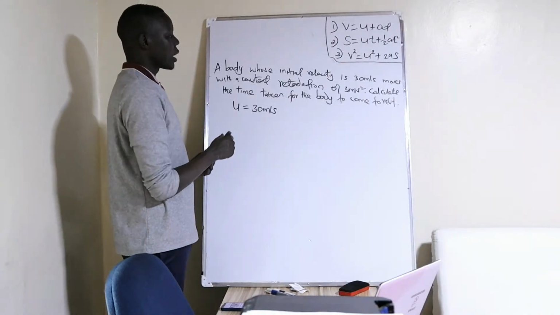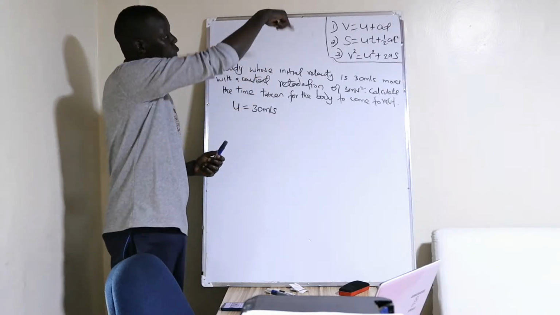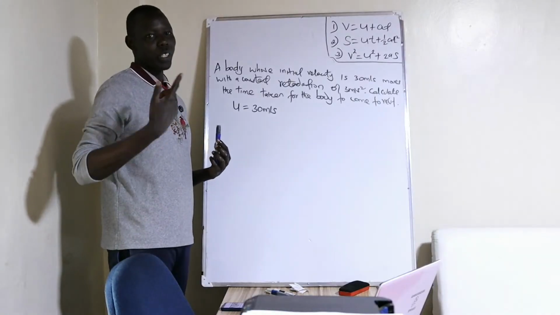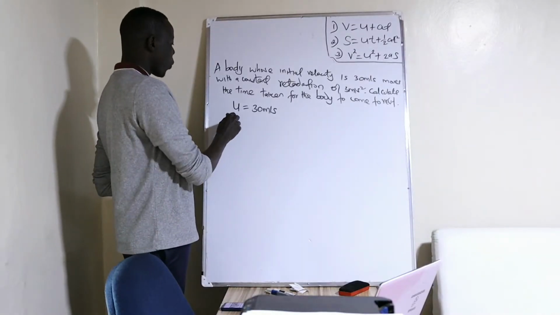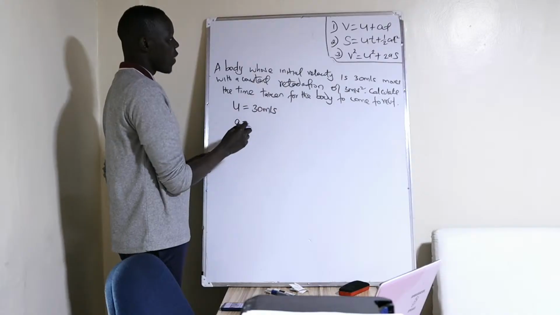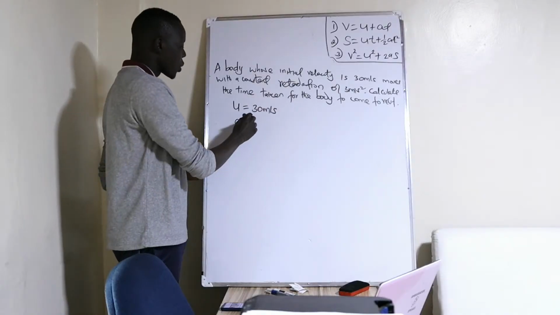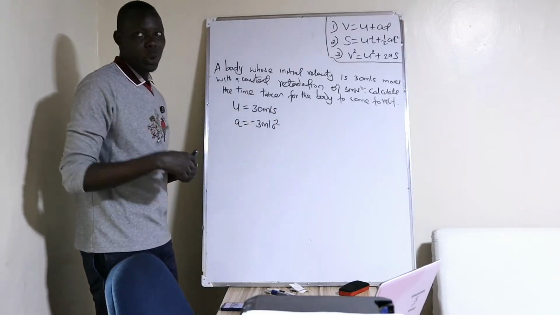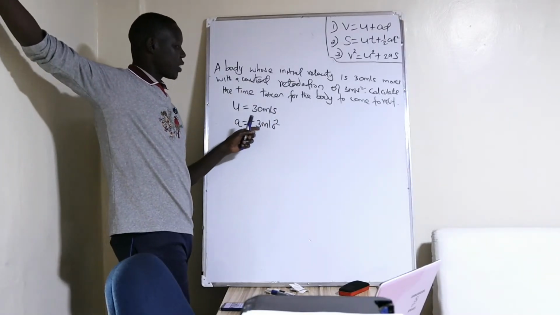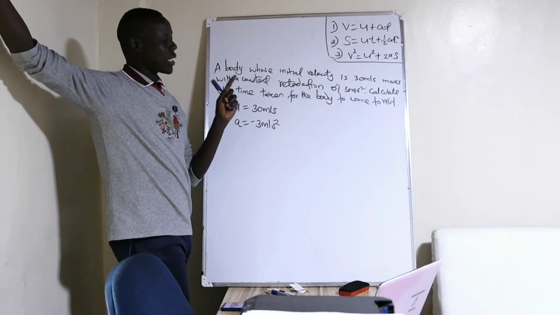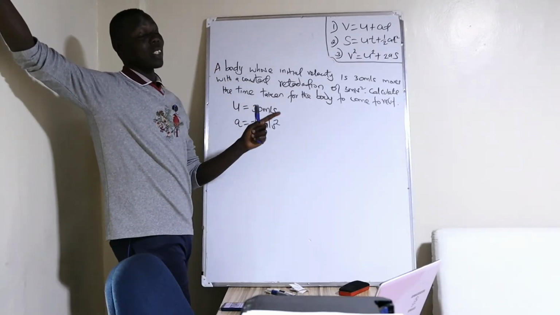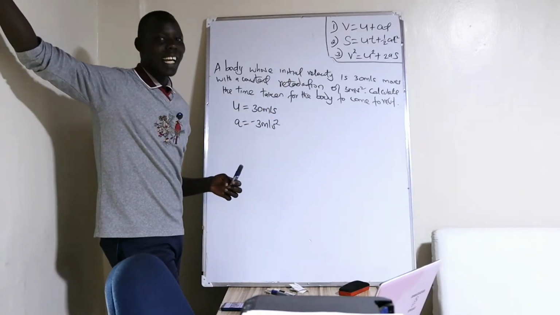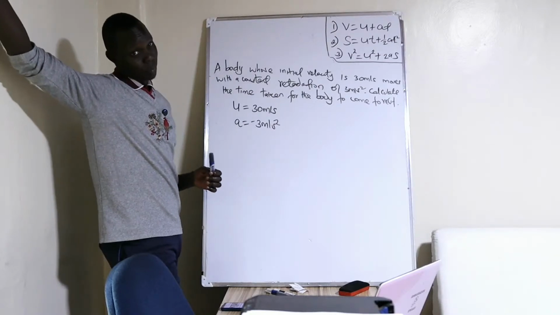Now, in our case, from our equations there, we don't have retardation, but we have the opposite of retardation, which is acceleration. Now, I will use the word a, but nikifika kwa the actual retardation, I will use negative 3 meters per second square. Whenever you're told that the acceleration is negative 3 meters per second square, just know that the retardation is 3 meters per second square, or the other name that can be used in place of retardation is deceleration.